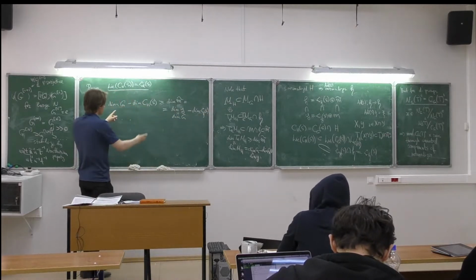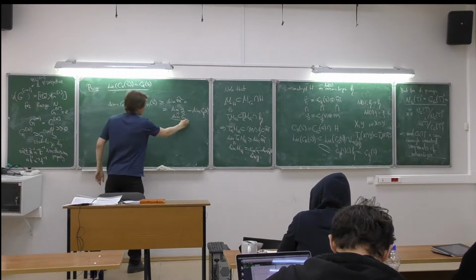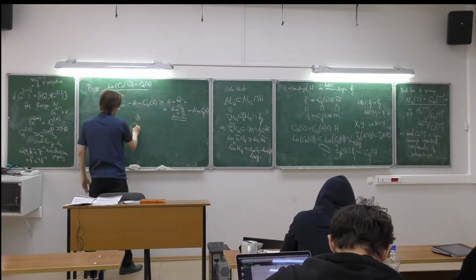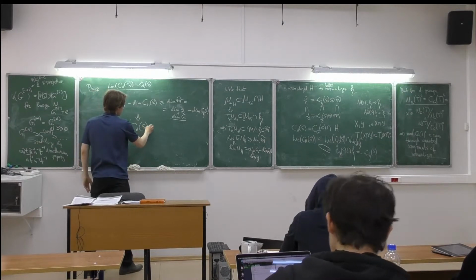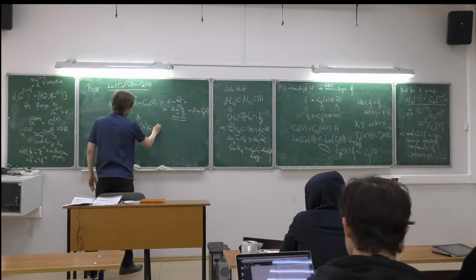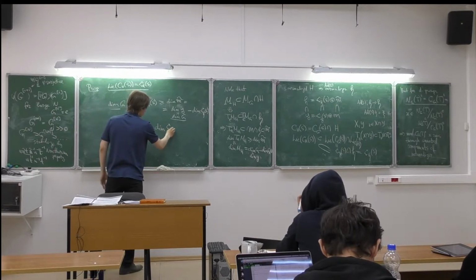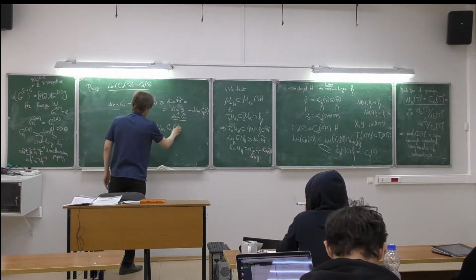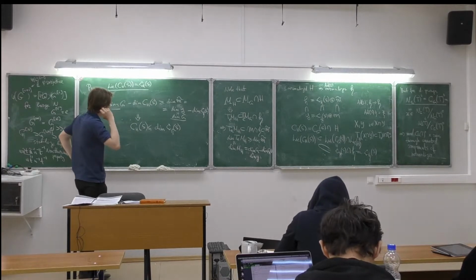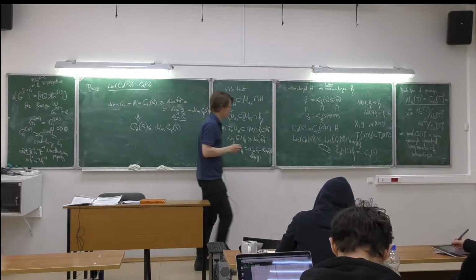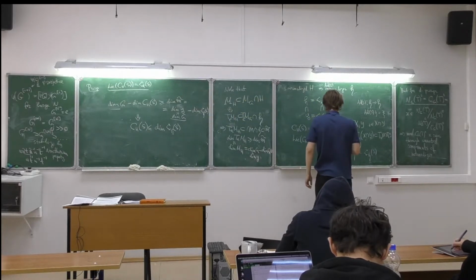And this implies that, since these terms are equal, the dimension of the centralizer is less or equal than the dimension of this Lie algebra. Yeah? Just a second.